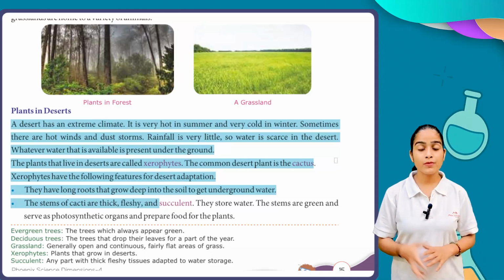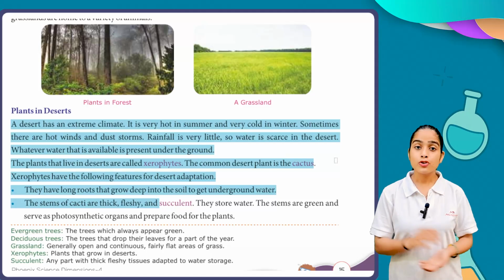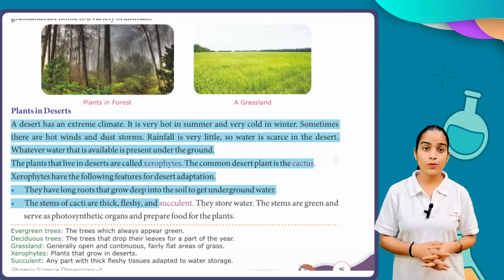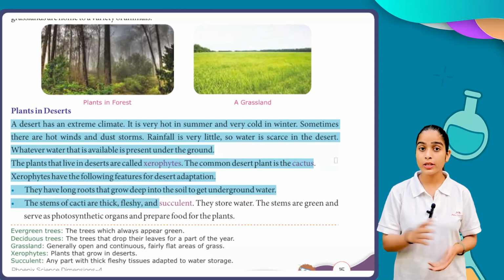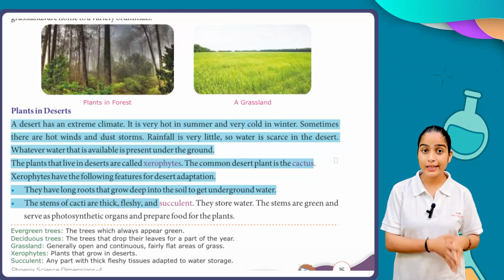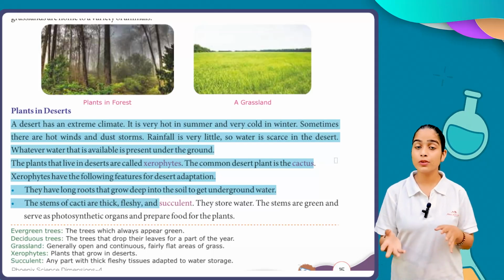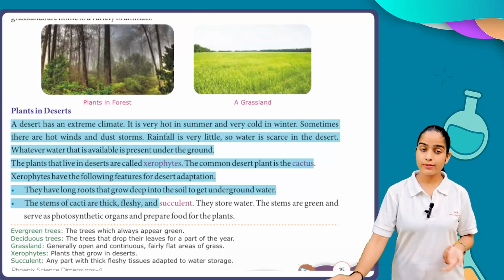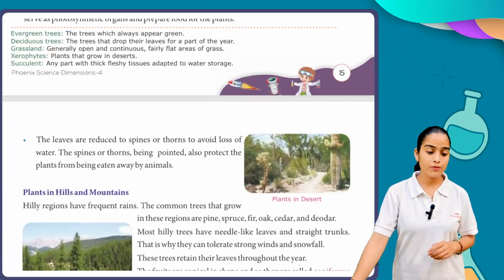With the help of that stored water, they can make their own food through the process of photosynthesis. And one more important thing is that these plants are green in color. That is why they can make their food with the help of photosynthesis. If they are not green, they cannot make their food.